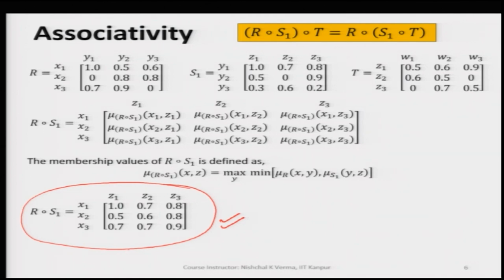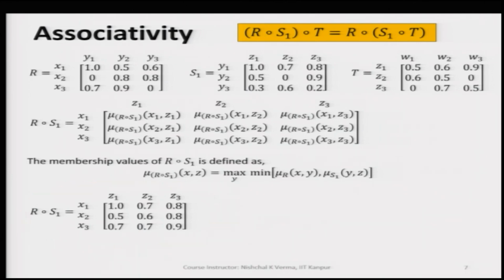And this outcome, you can clearly see, is defined in the universe of discourse X cross Z. So, we have now at this moment the composition of fuzzy relation R and fuzzy relation S1.